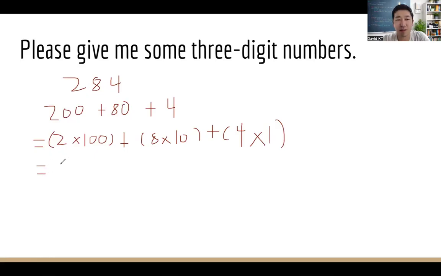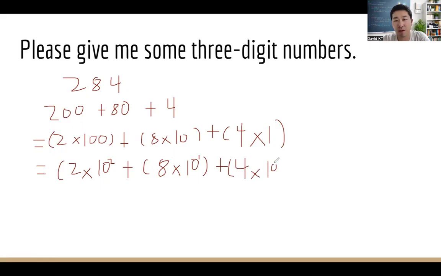Finally, they can be written like this. 2 times 10 squared plus 8 times 10 to the first power plus 4 times 10 to the 0 power.